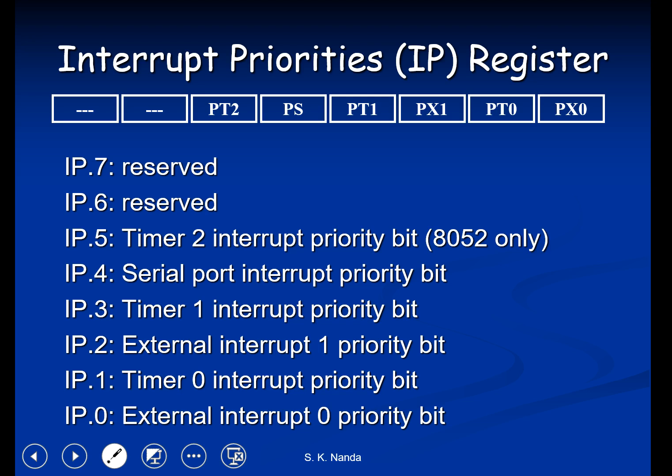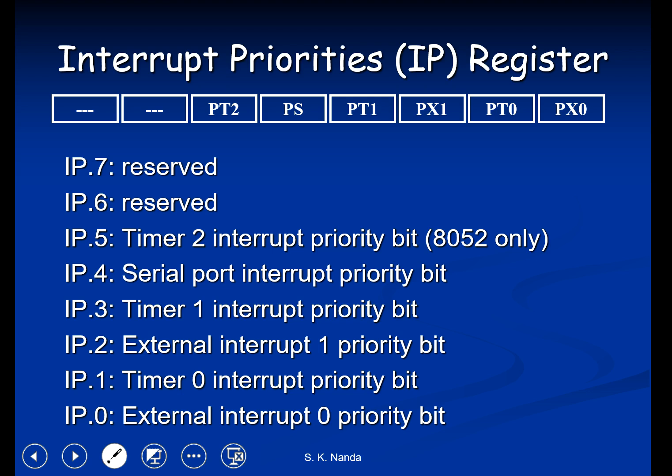The structure of the interrupt priority register is something like this. Using the interrupt priority register, that is the IP register, it is possible to change the priority levels of an interrupt by clearing or setting the individual bit in the interrupt priority register, as you can see in the figure. It allows a low priority interrupt to interrupt a high priority interrupt, but it prohibits interruption by another low priority interrupt.